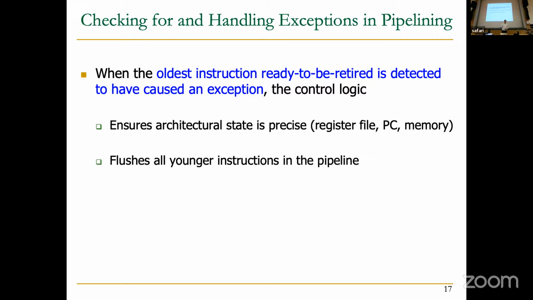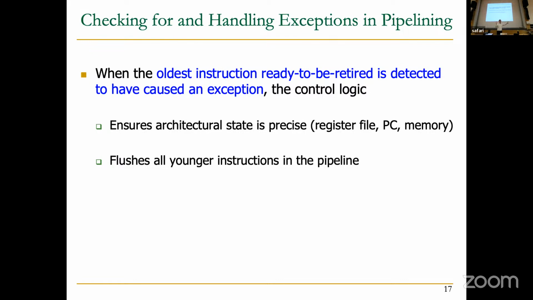Remember, architectural state is always like that. You need to ensure that all younger instructions are flushed from the pipeline. Remember, we have a pipeline. We have the oldest instruction that caused an exception, because you need to check the oldest instruction, because all of the younger instructions are speculative. We have not defined this very well, so I'm going to talk about this quickly. If you have a pipeline, the oldest instruction that's ready to write to the register file is the only one that is guaranteed to execute.